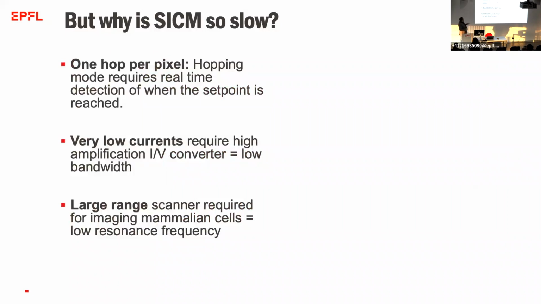Maybe I should just glance over this, looking at the time. But the problem is very similar to what we had been facing with AFM, that we need to do this quickly. We need to actuate quickly without overshooting and interacting too harshly.